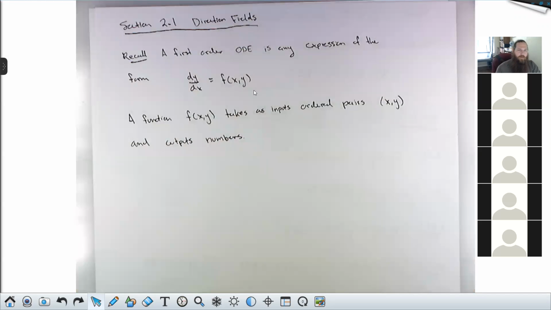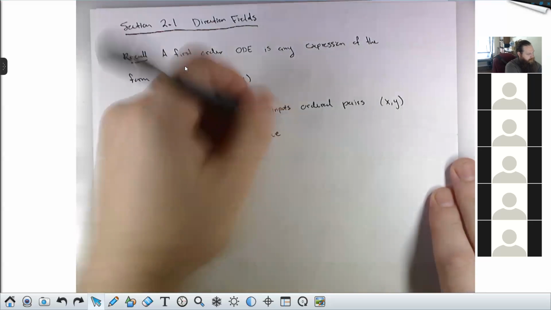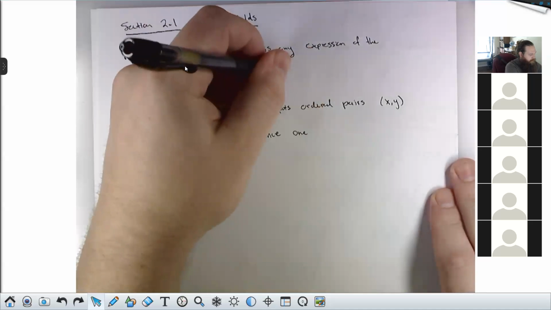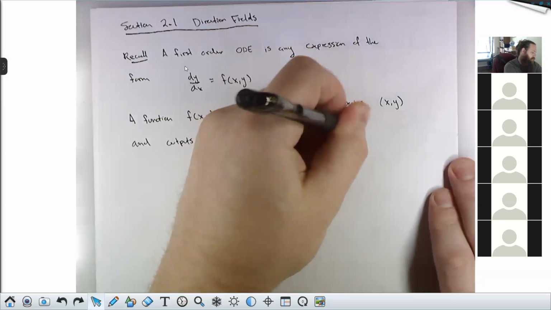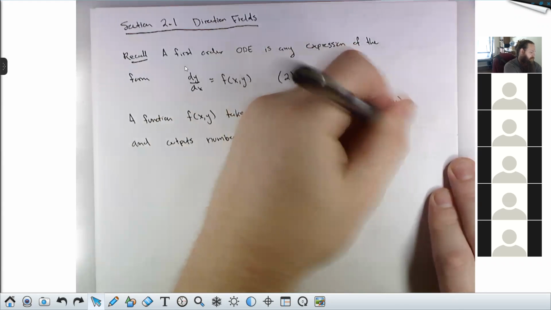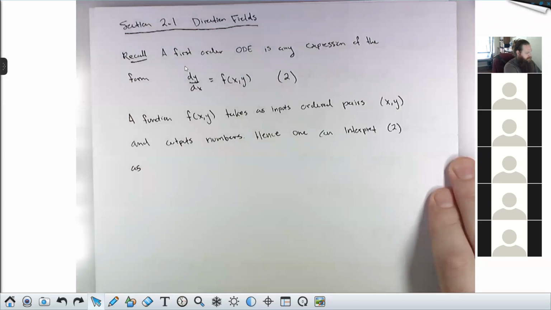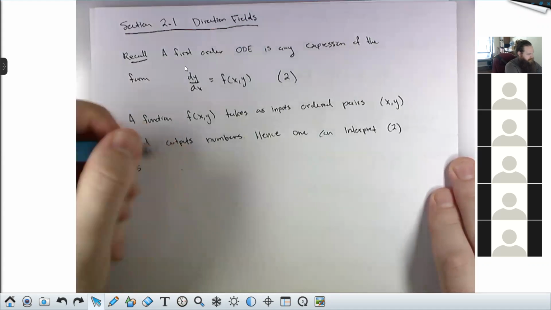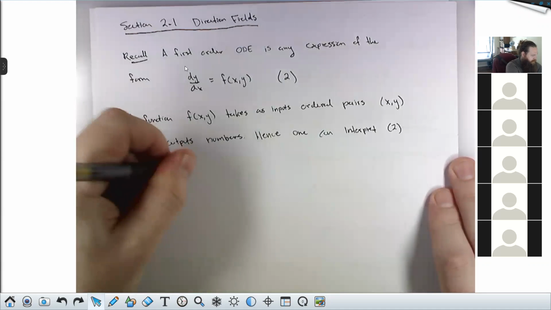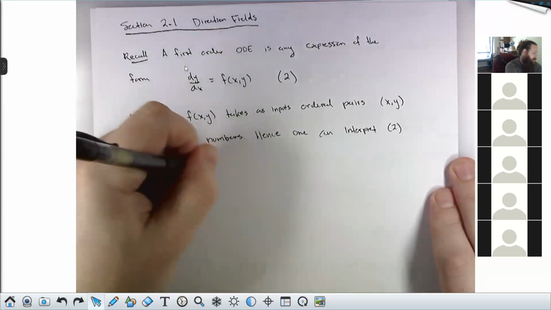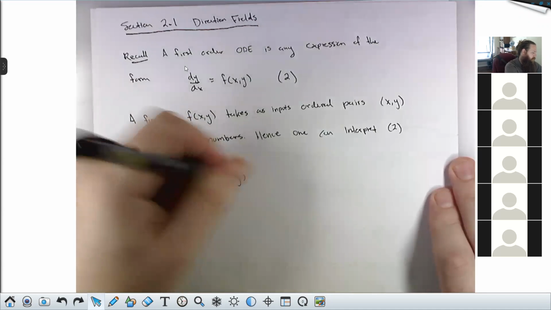So the way this whole direction field thing works is that we're told here, I'll call this equation 2, our second numbered equation for the day, let's rewrite it here: dy/dx equals f of x y.